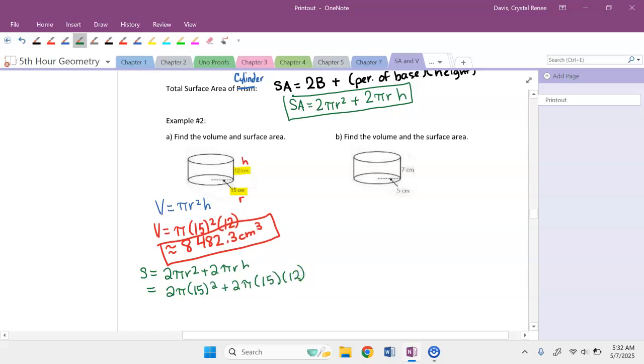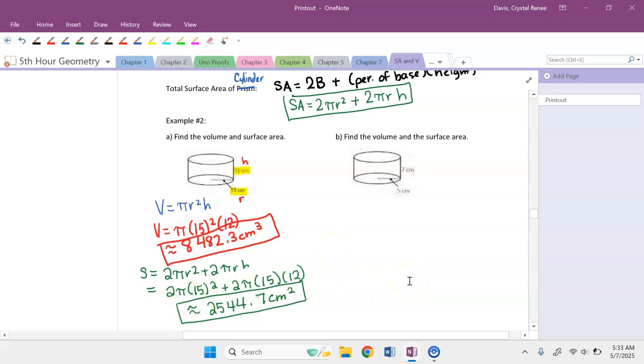If I put that into my calculator, I get roughly 2544.7, and that'll be centimeters squared. Other than the formula looking long, it's not bad at all.